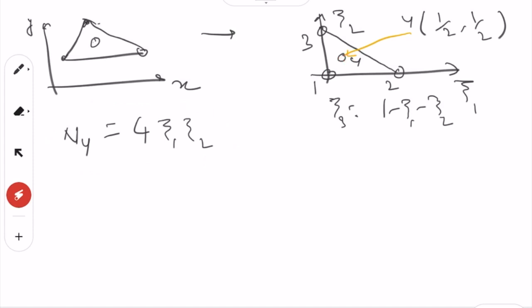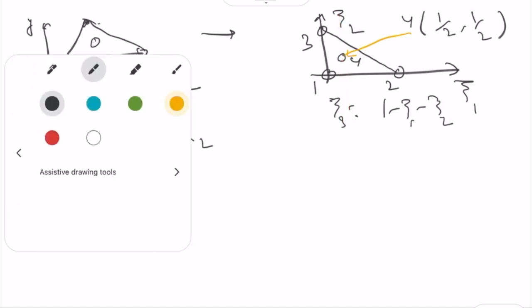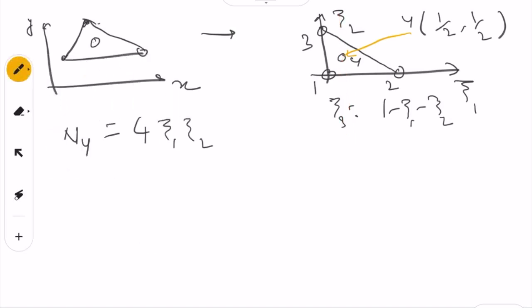So how will we do that? In this case maybe we'll take this as a line. This line is xi1 equal to half, and this line is xi2 equal to half. So we can take either this or that, anything.